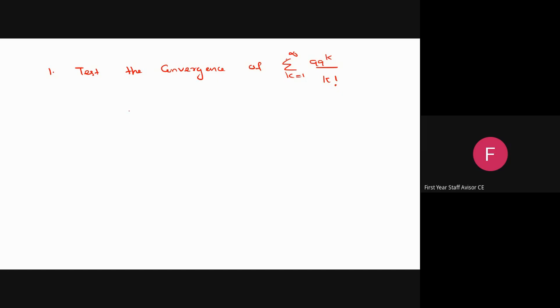Let ak be equal to 99 raised to k by k factorial. Then ak plus 1 is what? 99 raised to k plus 1 divided by k plus 1 factorial, replacing k by k plus 1.